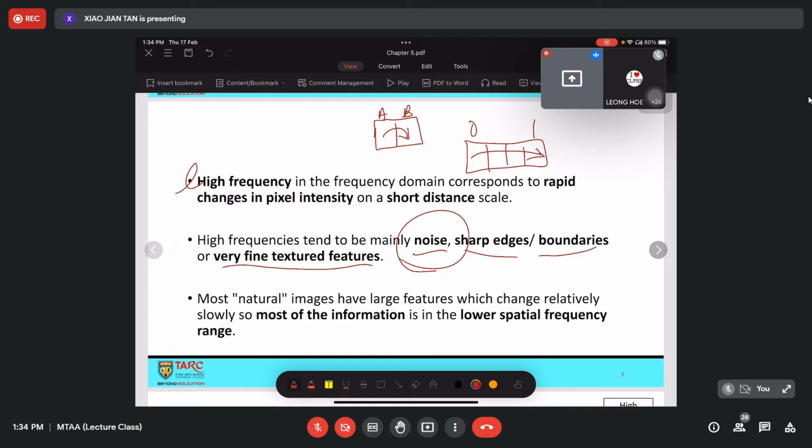Because salt and pepper usually corrupt only 1 or 2 pixels in adjacent. Okay, so when you corrupt 1 or 2 adjacent pixels, you actually fulfill the definition of high frequency information, so you will automatically be under this category.